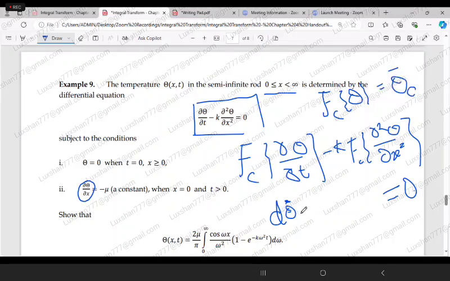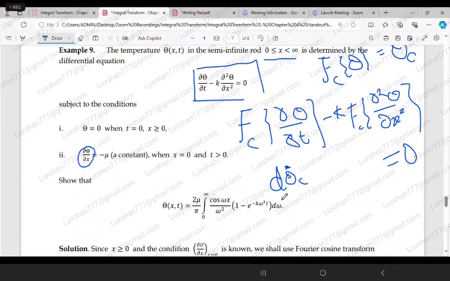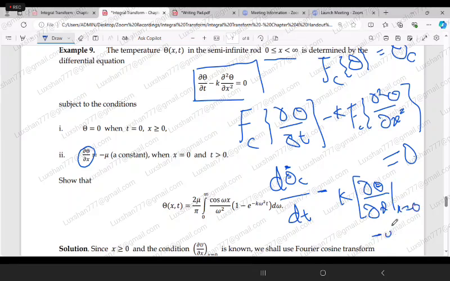C is important. Minus k into, here actually we know this one, the derivative of theta with respect to x when x equals 0, minus omega squared theta bar c.